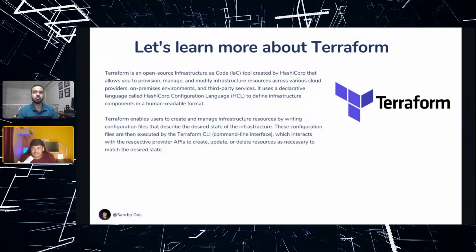This configuration file is executed by Terraform CLI, as we'll see in the demo, which interacts with the respective service provider APIs, because every service provider will be added as a provider for Terraform, and Terraform will act via these API libraries or providers to access the resources. And via that API, of course, Terraform will create resources, delete resources, modify resources, and do all the cool stuff.